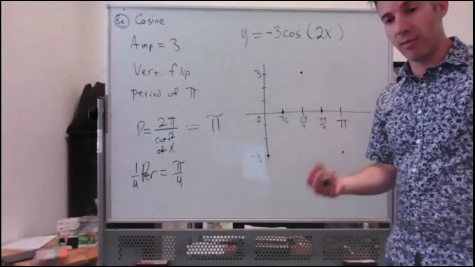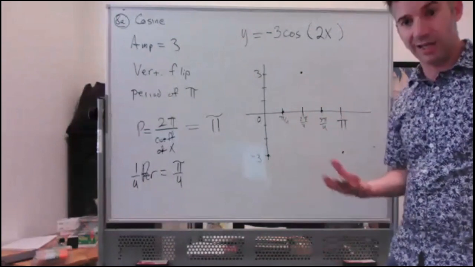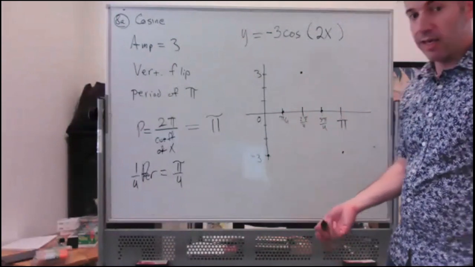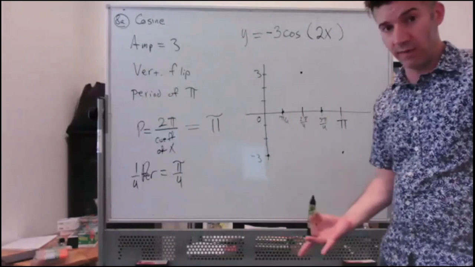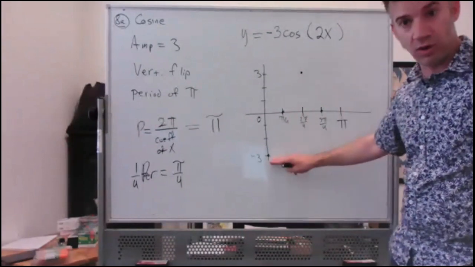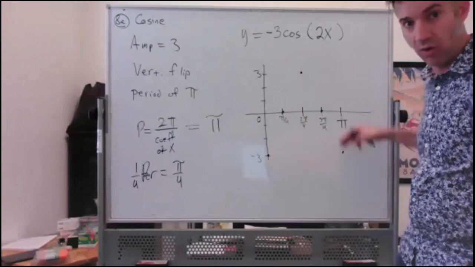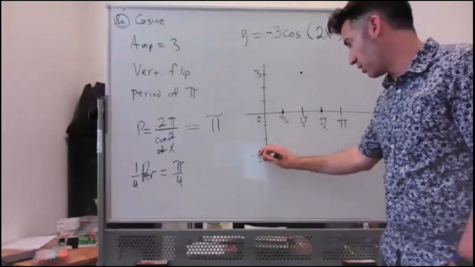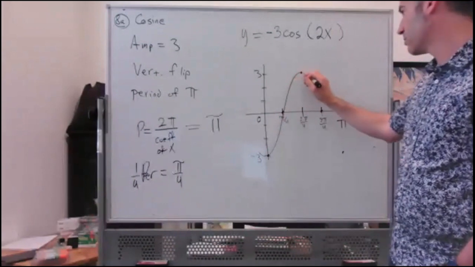One thing that's nice to remember about periodic trigonometric functions like sine and cosine is that if you're doing one full period, you should always end with the same y value that you start with, so that it can then start over again. This is going to look something like this.